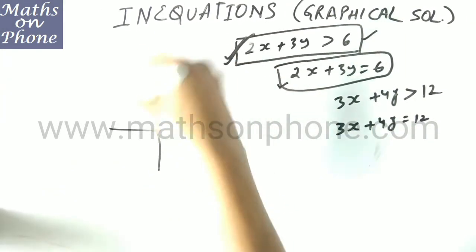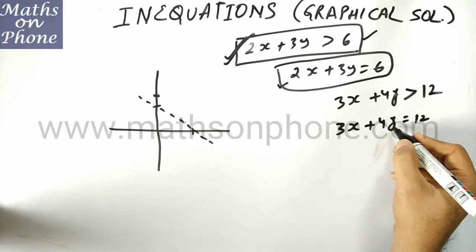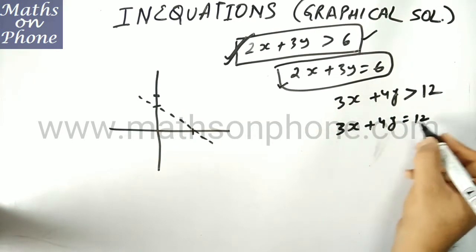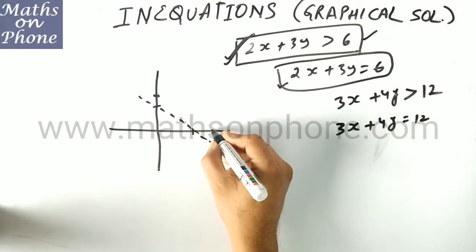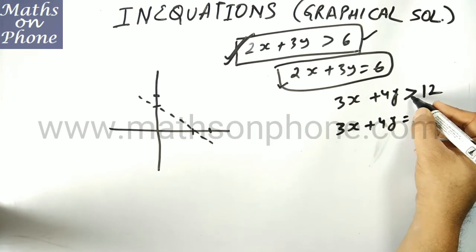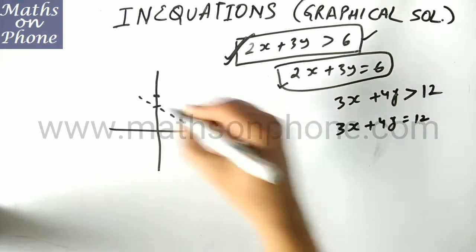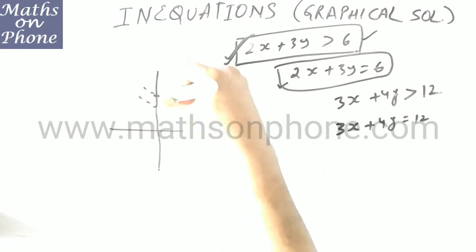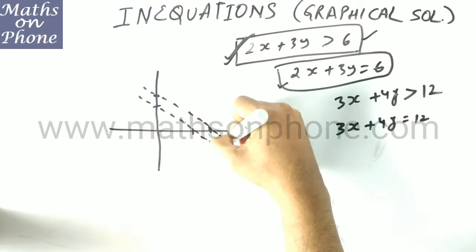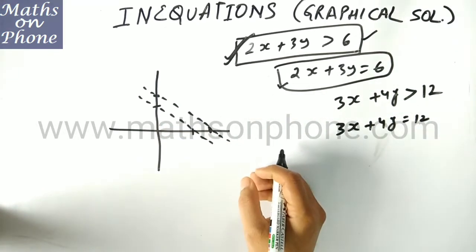Now you put y equal to 0, and the value of x comes out to be 4. Again it is just greater, not with an equal to sign, so again a dotted line.